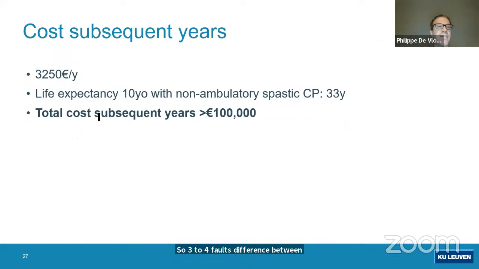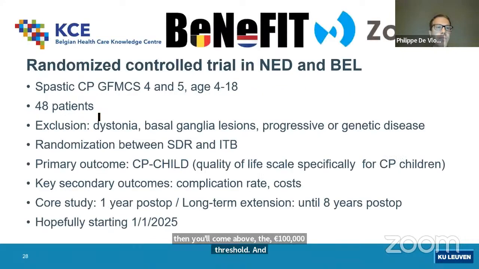And as I said, this is an ongoing issue. If you calculate the expected costs per year and you multiply that by the life expectancy for a 10-year-old with non-ambulatory CP, which is about 33 years, then you will come above the 100,000 euro threshold. And so this is a very expensive treatment over time.